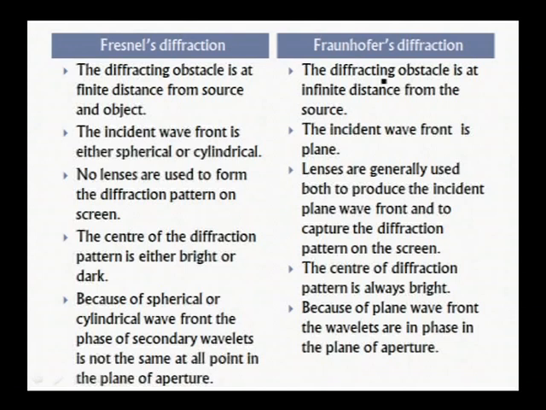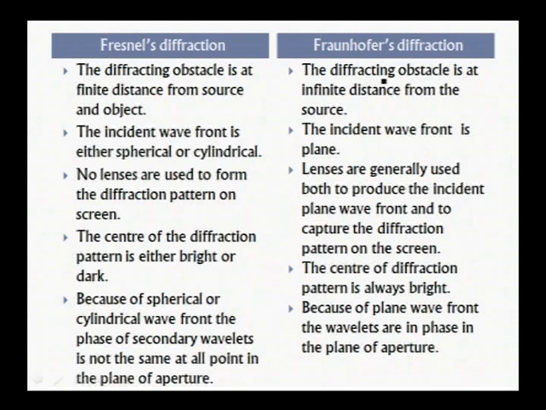The next is, in case of Fresnel diffraction, no lenses are used because the distance between the obstacle and the screen is finite, a very small distance. So there is no need to have lenses to converge the beam on the screen.